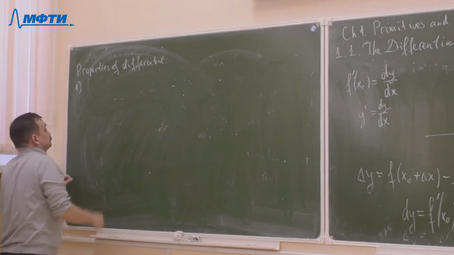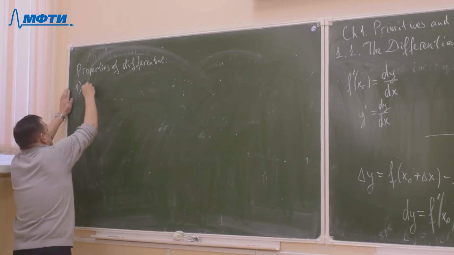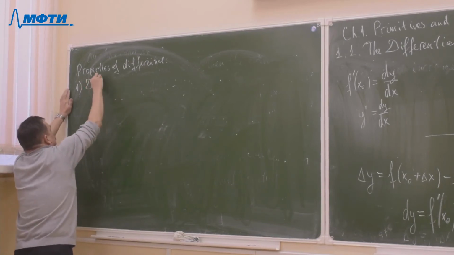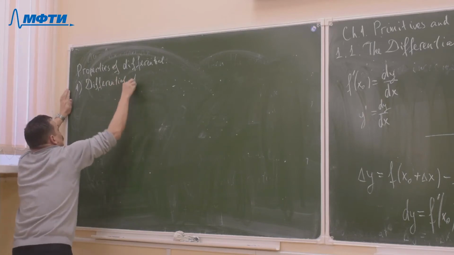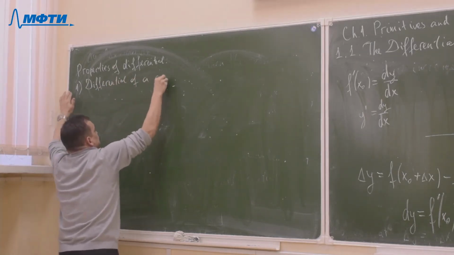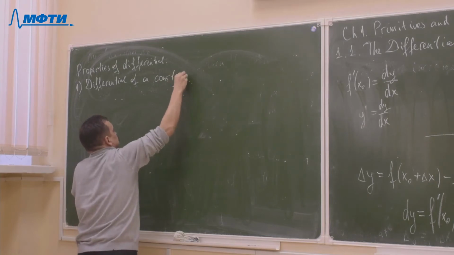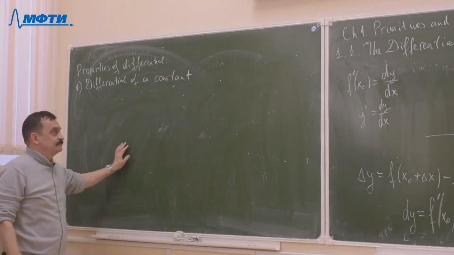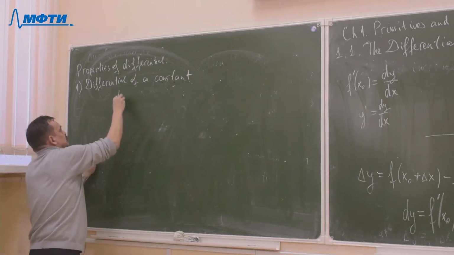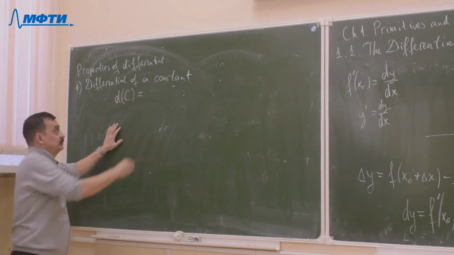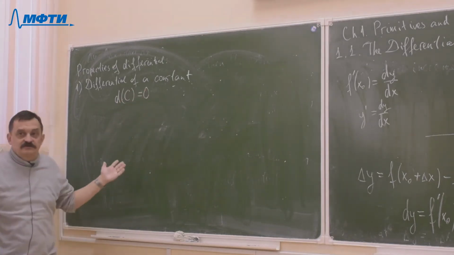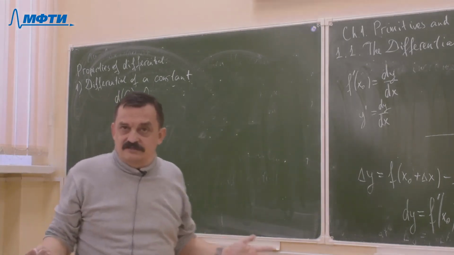First, differential of a constant. What is d of c? 0, because the derivative is 0 and 0 times anything is 0 again.